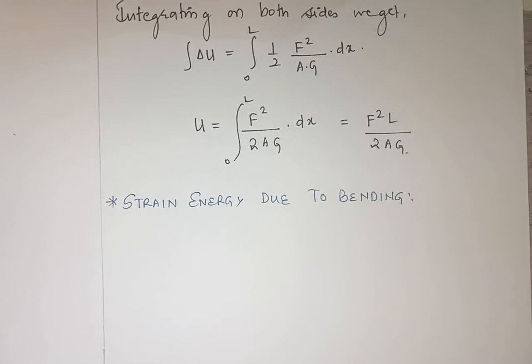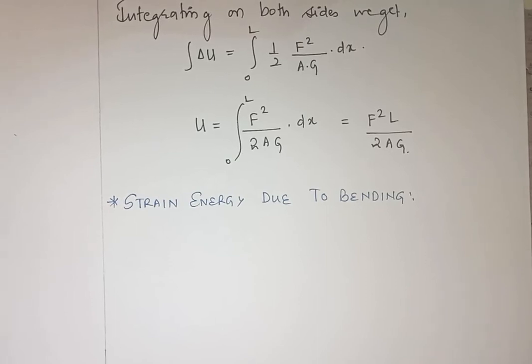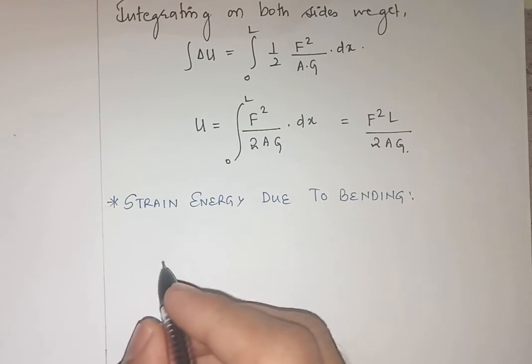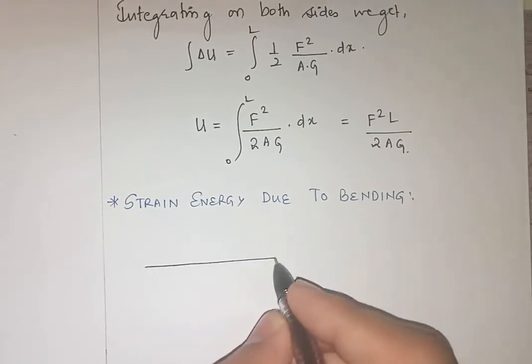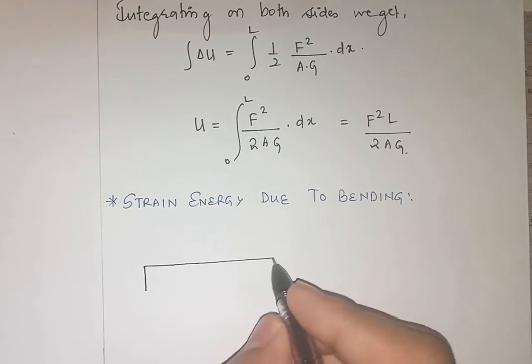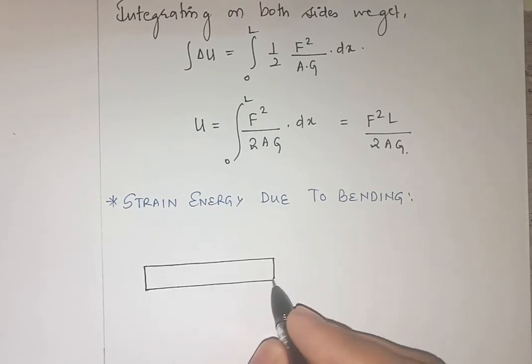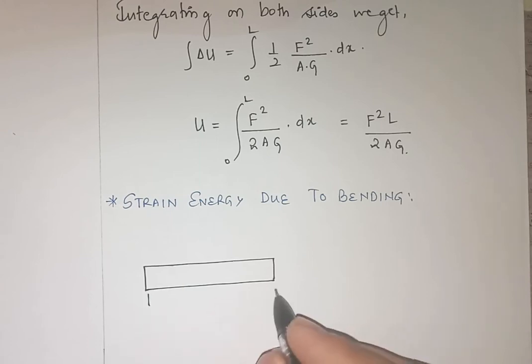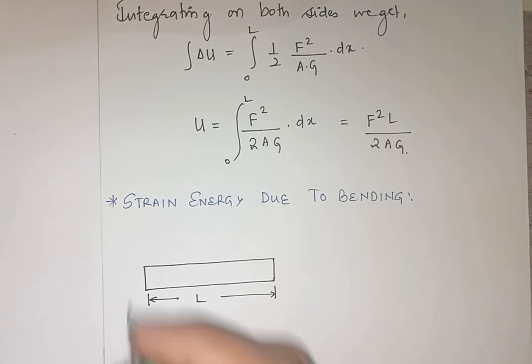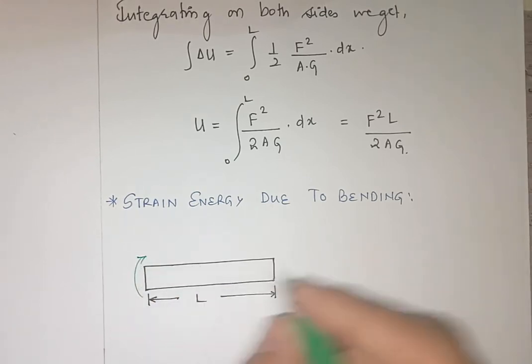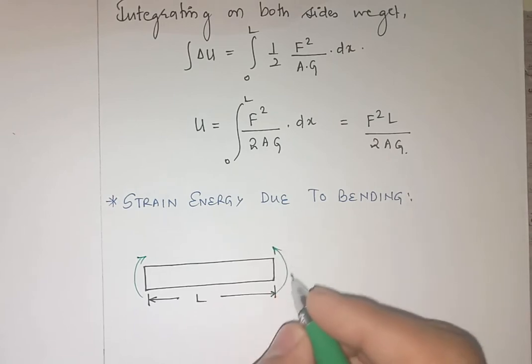So next we'll be going for the second derivation. Next we'll be going for an expression for strain energy due to bending. Right, so in order to derive that, I'll be considering a beam which is subjected to a bending moment. Let us say I have a beam. Let us say the length of the beam is L, and this beam is subjected to a bending moment on either side.